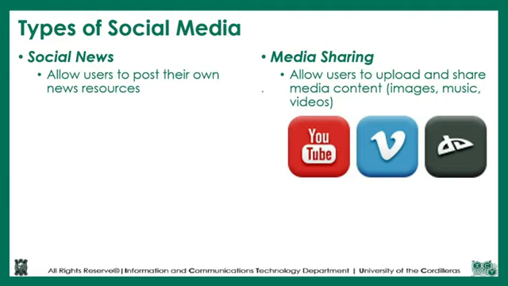We also have social news, where users can post their own news resources. Examples of these are sites like Digg, BuzzFeed, and The Verge. We also have media sharing, sites which allow you to share images, music, videos, in other words, media content. Examples are YouTube, Vimeo, and DeviantArt.